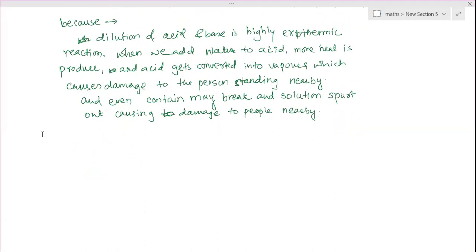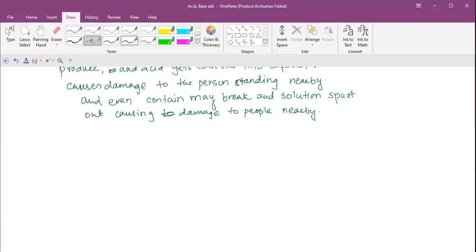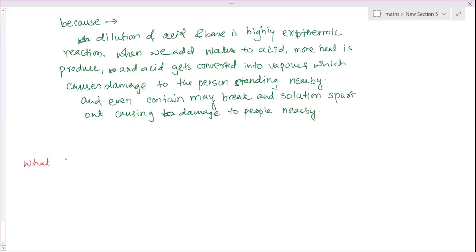Now one more question is based on this. What will happen to the H plus ion concentration when an acid is diluted? What happens to the H plus ion concentration if acid is diluted?